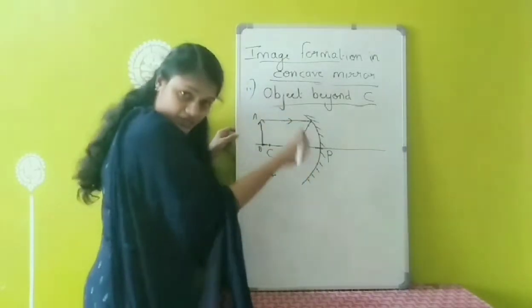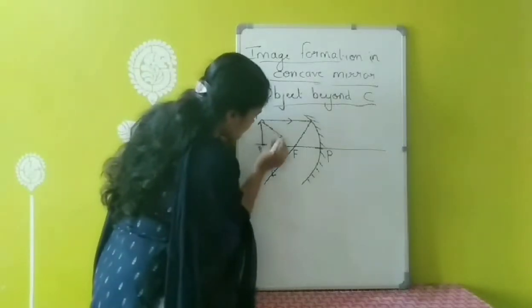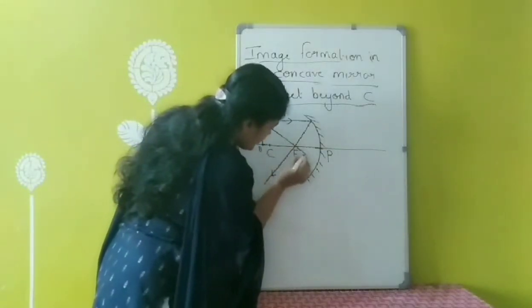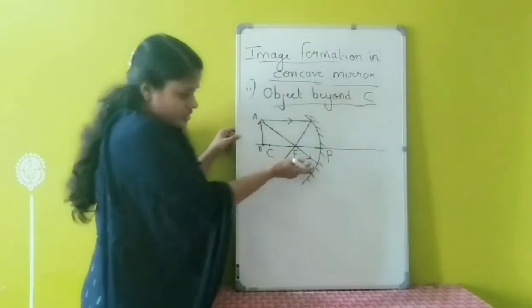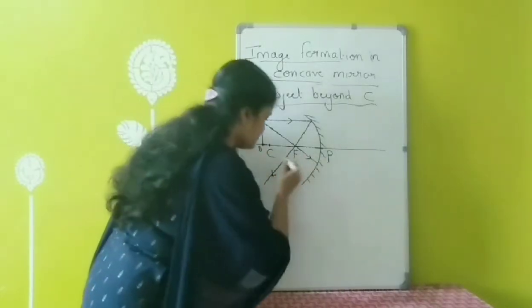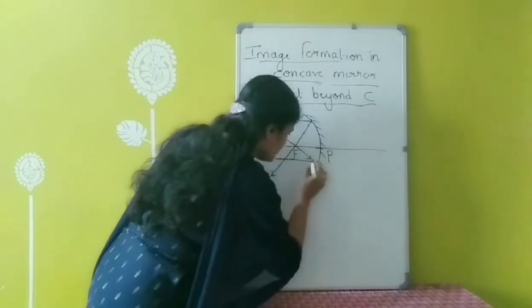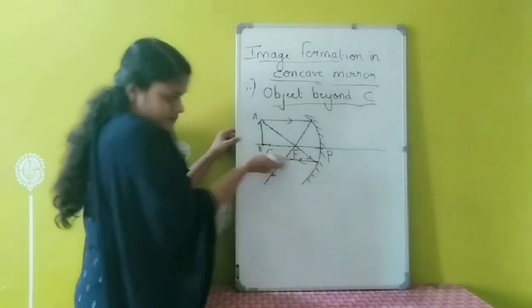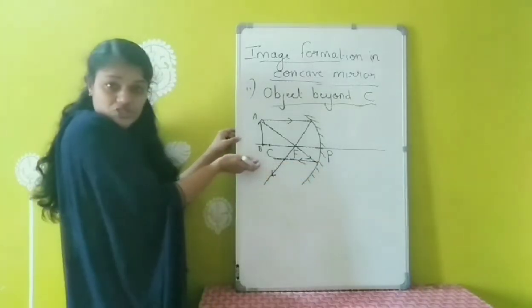So I am taking another light ray coming from the object, which is passing through the focus. What will happen after reflection? It passes parallel to the principal axis.